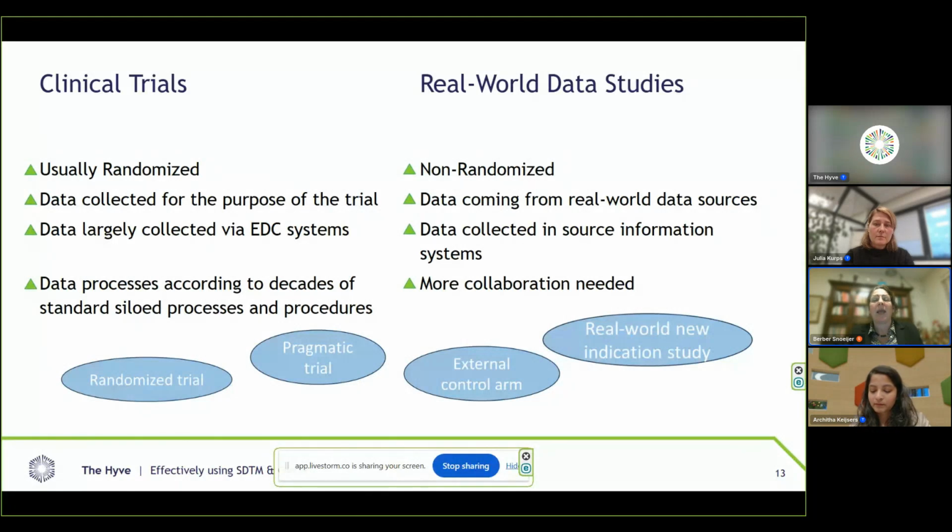And then we have studies completely based on EHR data, like real-world data studies, for example for new indications. What I mean is that if the drug is already approved for another indication, then it's already used in normal practice, but we look into whether it is also used for new indications, what the features of those patients are, and what the effects are for those patients.